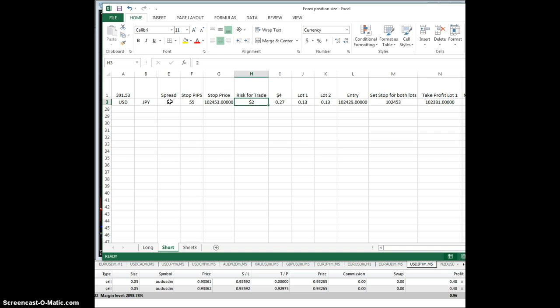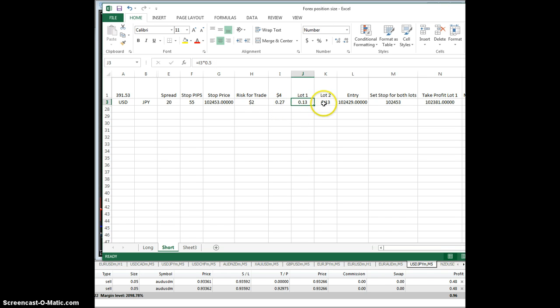Then I put how much I want to risk. For $2, it'll tell me how much I need to buy, or short rather. So it's a total of 0.27 lots. Think of it as 27 shares.